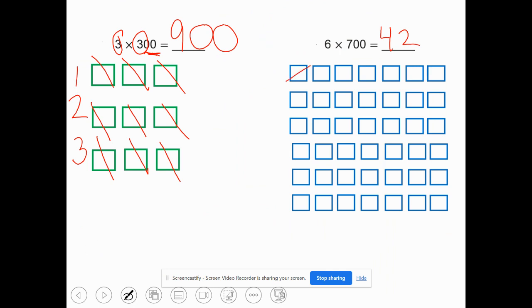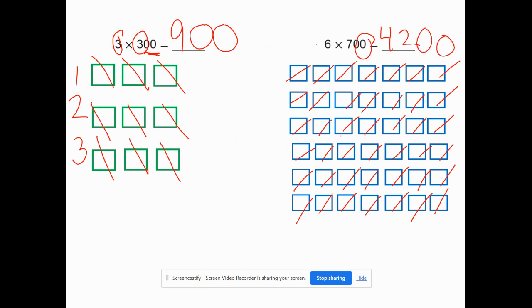Ready? 1, 2, 3, 4, 5, 6, 7, 8, 9, 10, up through 20, 30, 40, 41, 42. Ooh, we counted them all, right? 42. But it's not just 42. How many hundreds do I have? So I have 4,200.